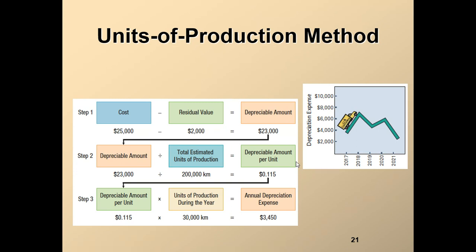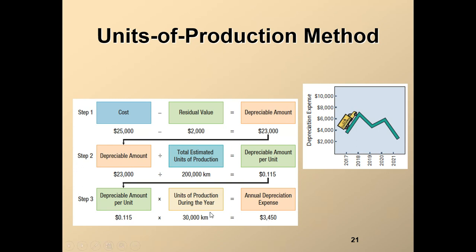Okay, so for example, if you look here in step 3, if you drive the vehicle 30,000 kilometers in a given year, you multiply that by 11.5 cents, which means that for that specific year, 3,450 is going to be depreciated from the item itself.